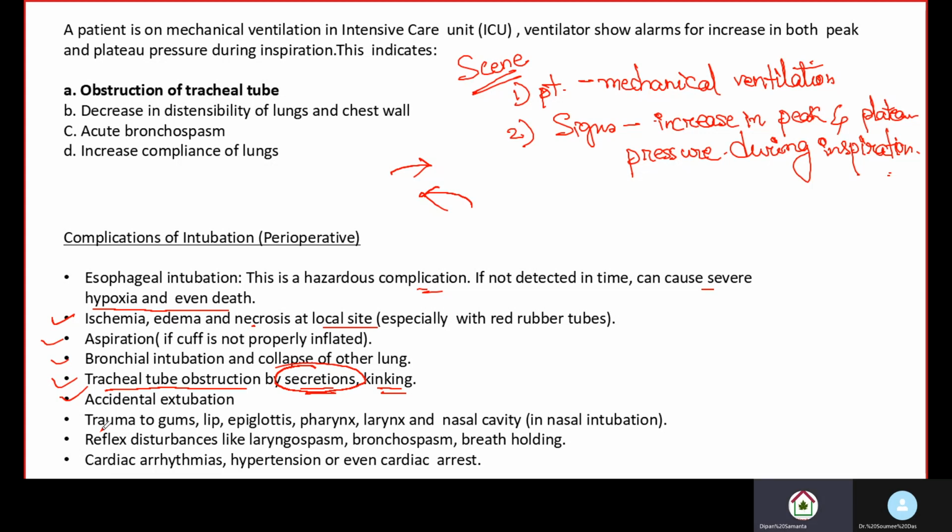So these are the complications of intubation.